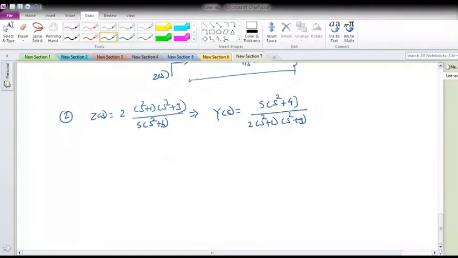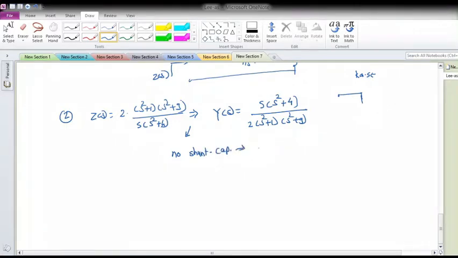So there is no pole at infinity, and there is no shunt capacitor.